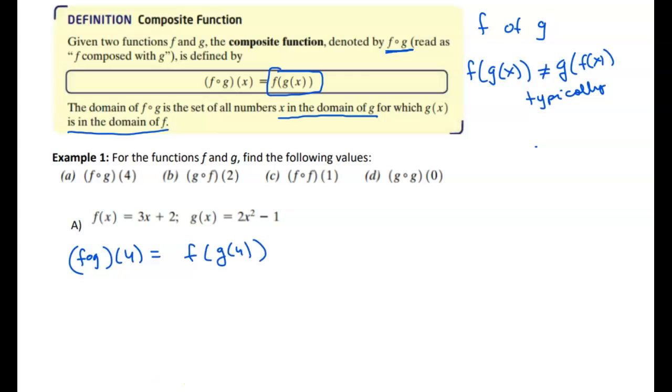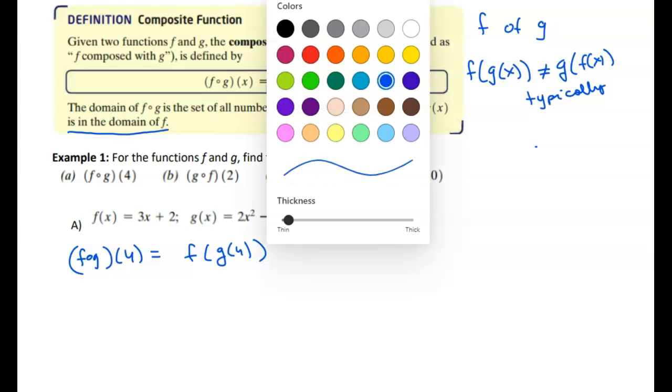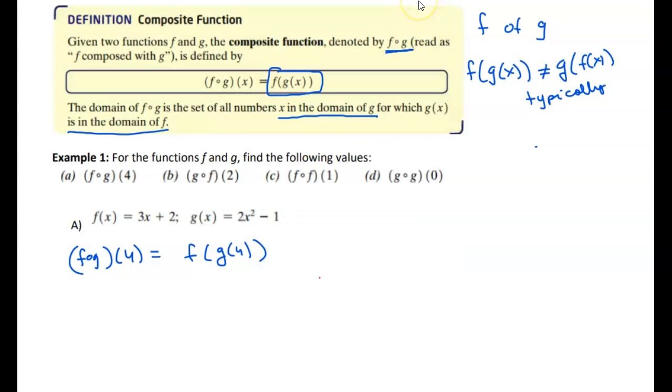Like with any operations, PEMDAS tells us to do the inside of the parentheses first. So g of 4 gets done first. You plug 4 into the g function. We get 2 times 4 squared minus 1. 2 times 16 is 32, minus 1 is 31.